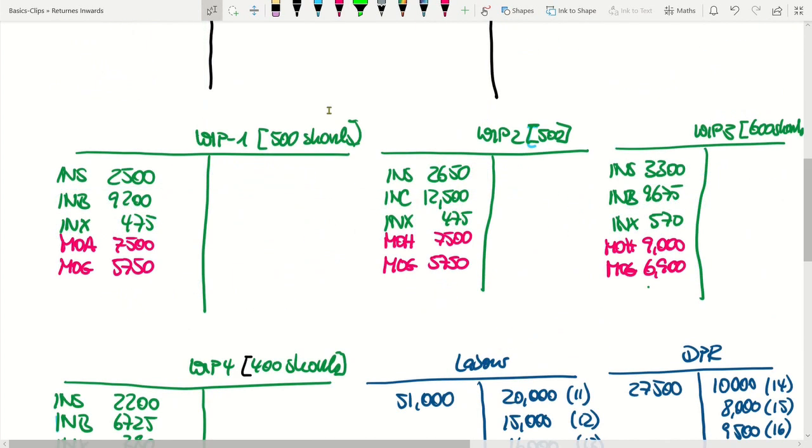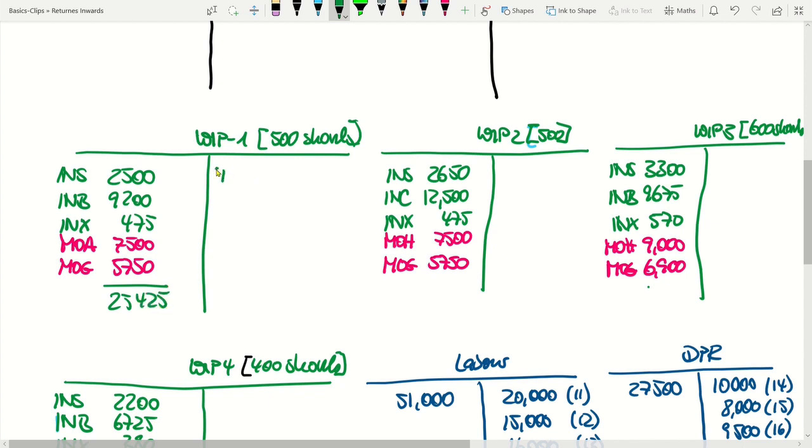Now, as I know the direct cost as well as the applied overheads, I will be able to calculate the total cost of manufacturing. I come up with 25,425.